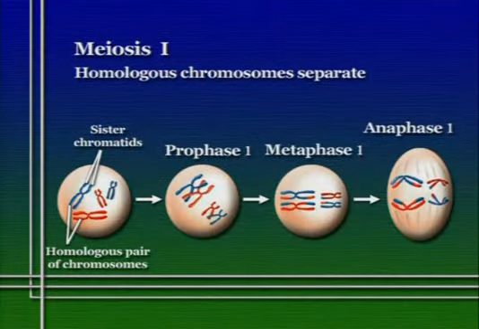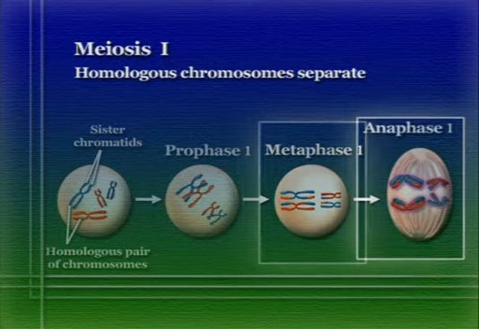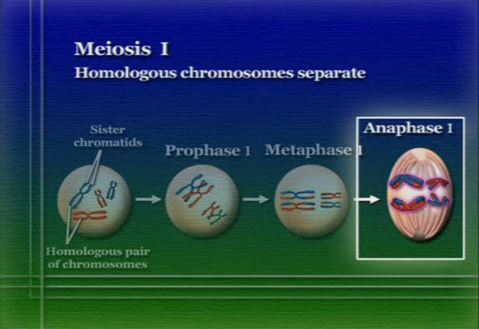Remember what happened during that first meiotic division we talked about a couple of lectures ago. Homologous pairs of chromosomes, those are the copies of the same chromosome type, the homologs that you inherit separately from your 2 parents. Those homologous pairs line up at the middle of the cell during the first metaphase, and the 2 homologs are separated into daughter cells when that first meiotic division is completed.